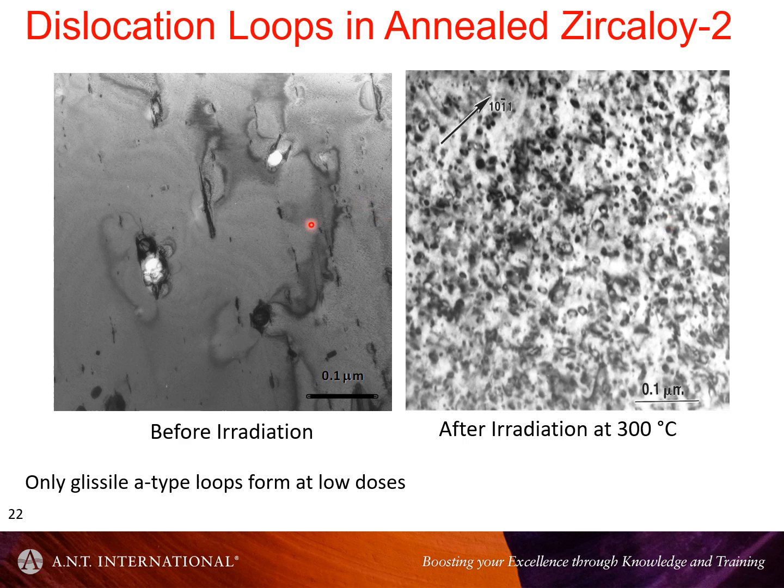In an unirradiated material, you might have a nice annealed sample with few defects, maybe a few surface hydrides, but after irradiation, you get these clusters of displaced atoms, which are dislocation loops.